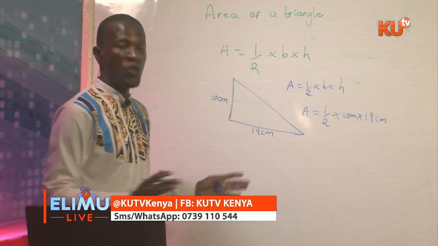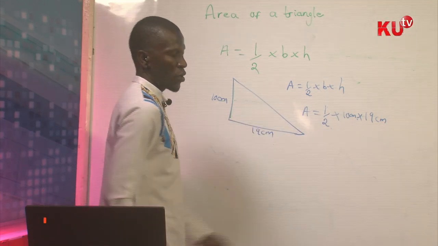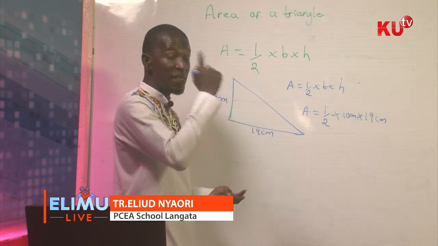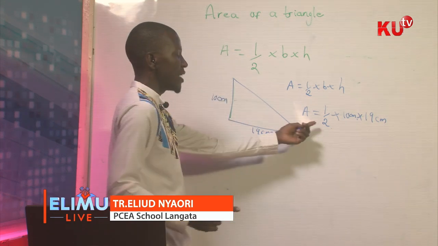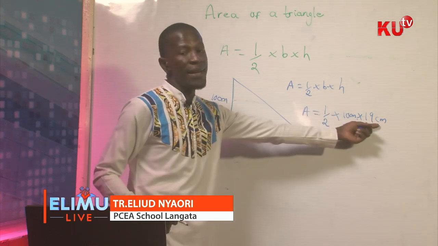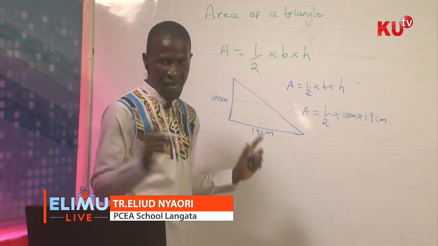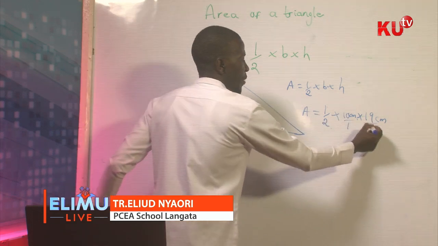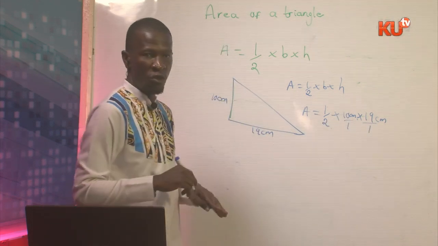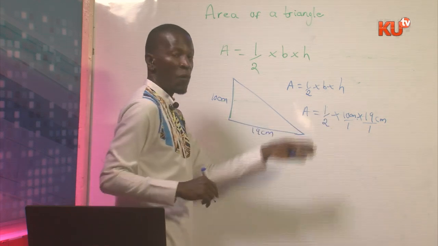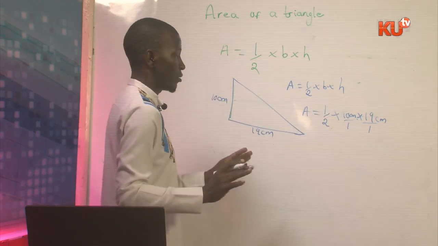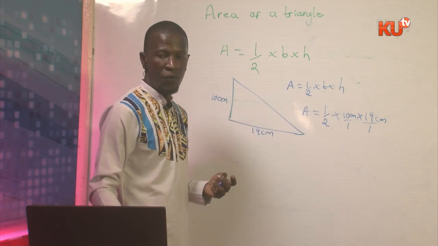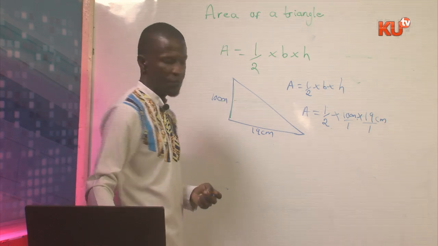So there are two ways in which you can solve this question. One is by looking for a number which you can simplify with the denominator. Remember, these are whole numbers and this one is a fraction. So you can make them fractions by introducing 1 below the numbers, that is 10 over 1 and 19 over 1, so that it becomes easier for you to work it out.